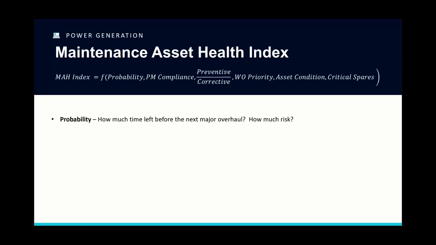The question behind it is how much risk do you have as you go through that life cycle? The closer you get to that next overhaul, the higher your risk of some failure.